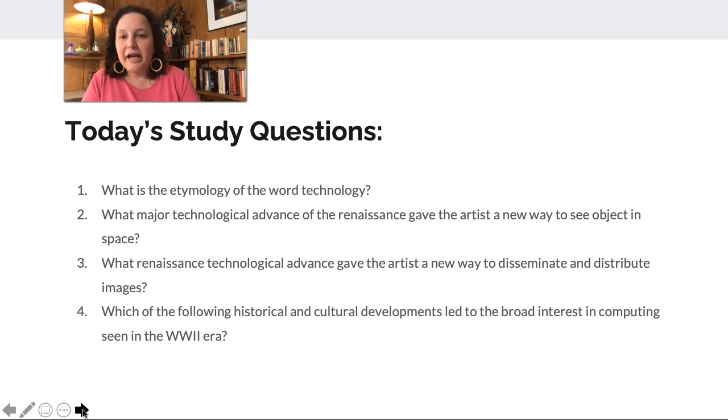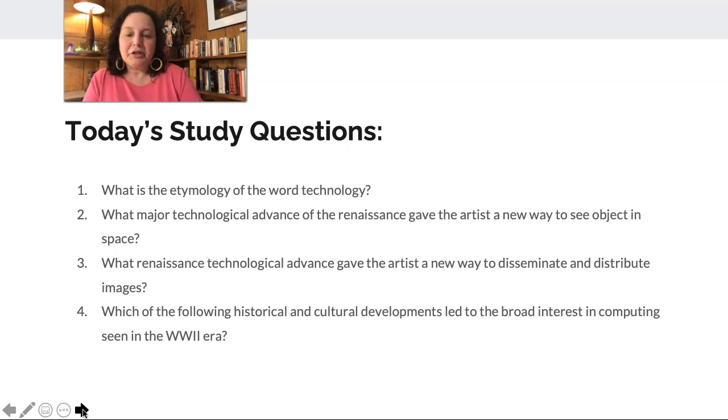So we're going to look at, what is the etymology of the word technology? And not just that specific thing, but really what is technology? How does it exist in the world? How is it formed? What are its boundaries as a kind of thing?